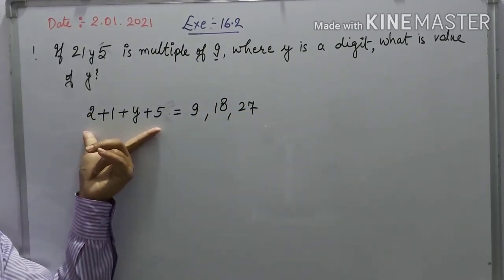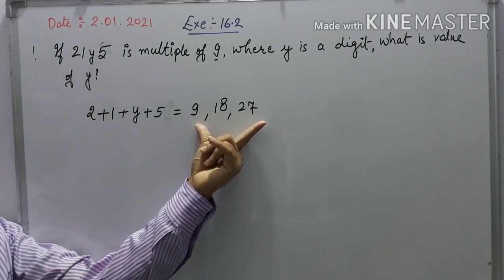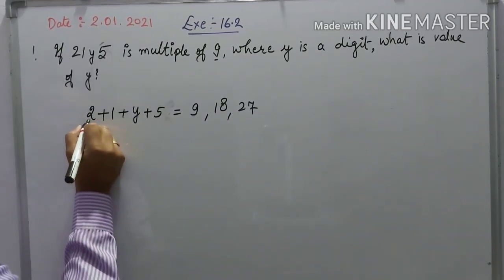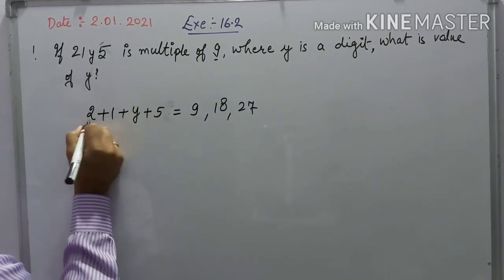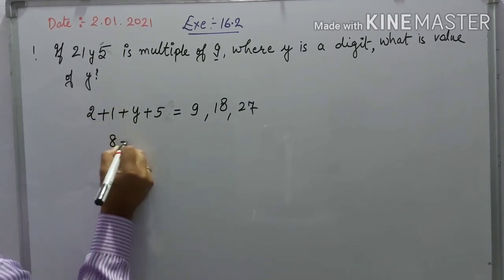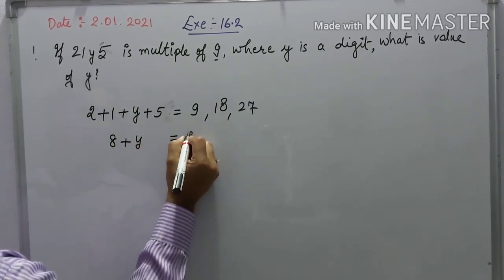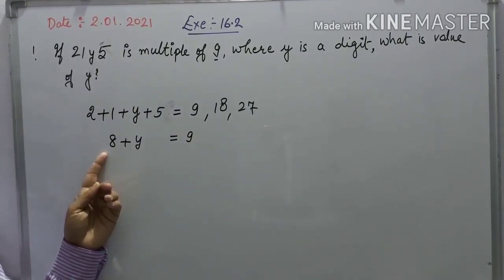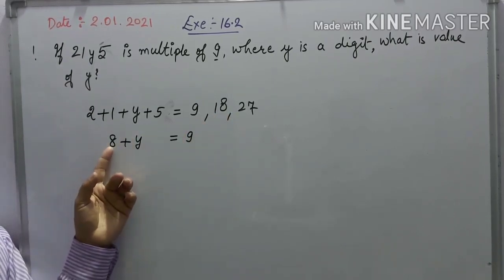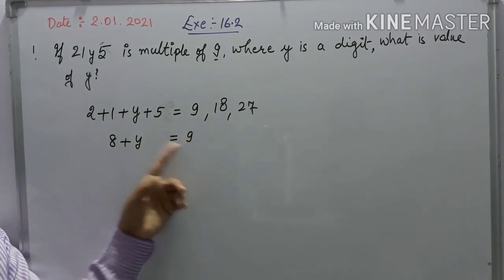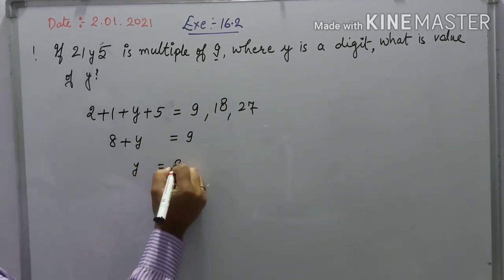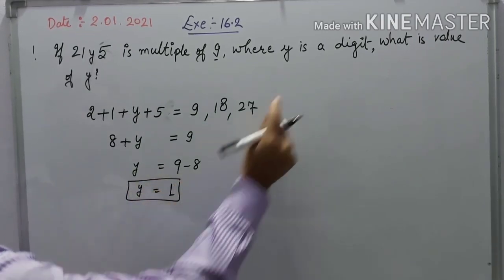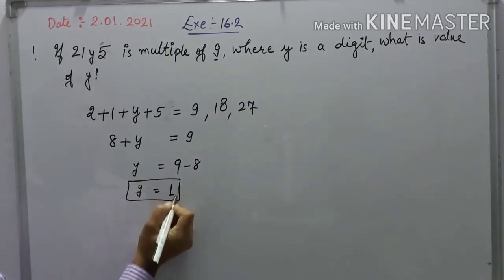The sum of the digits is compared with the 9 table: 9, 18, 27, 36. So we add 2, 1 and 5, which is 8, plus y is equal to 9. If the number comes to 2 digits, like 18, you compare with the one digit number. It means y is equal to 9 minus 8, so y is equal to 1, because y is a digit, so only one digit.